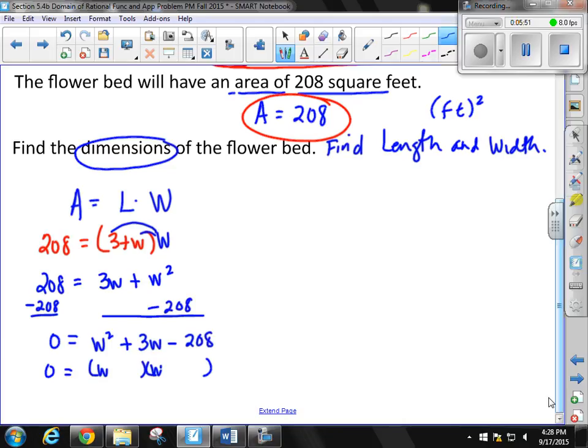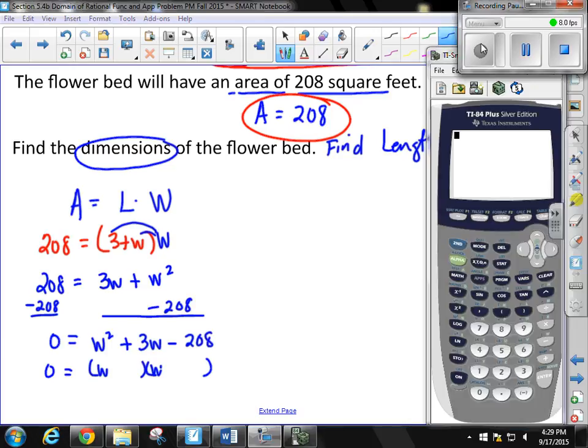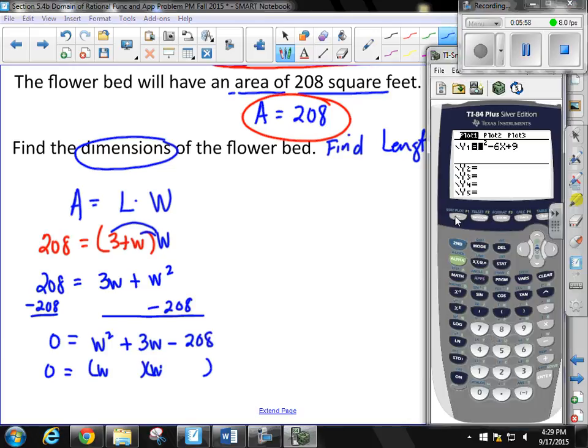I'm going to show you a trick for factoring. I'm going to use my calculator. I'll go to the y equals screen, and I'm going to hit clear if there's something in there. Actually, I can do negative 208 divided by x. And then look at the table.